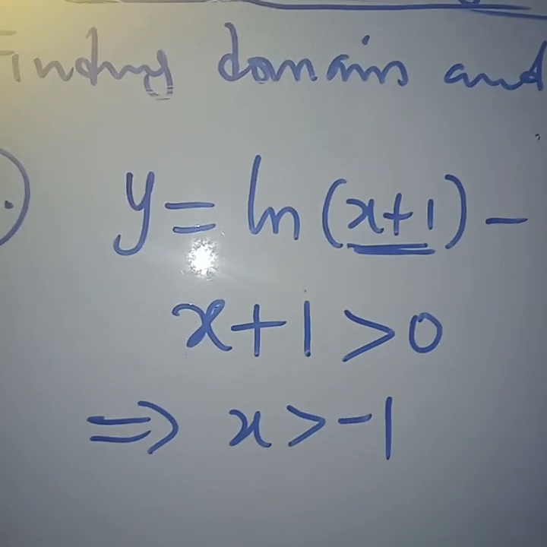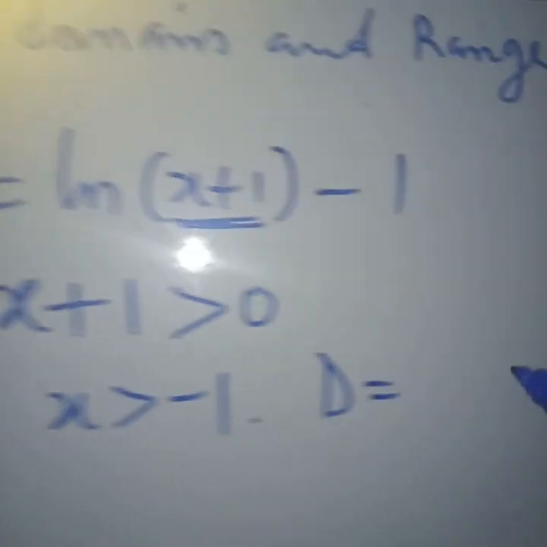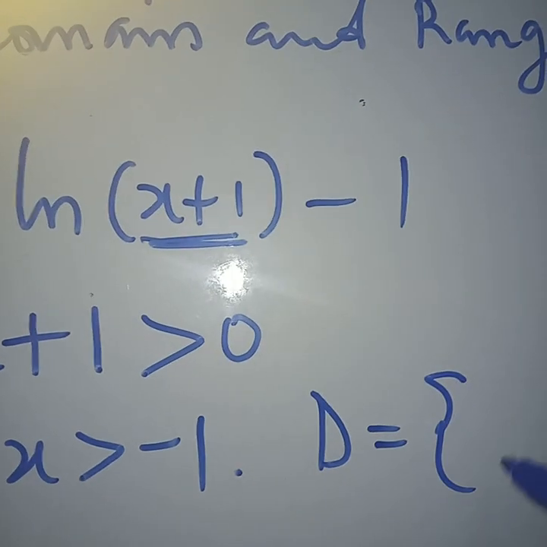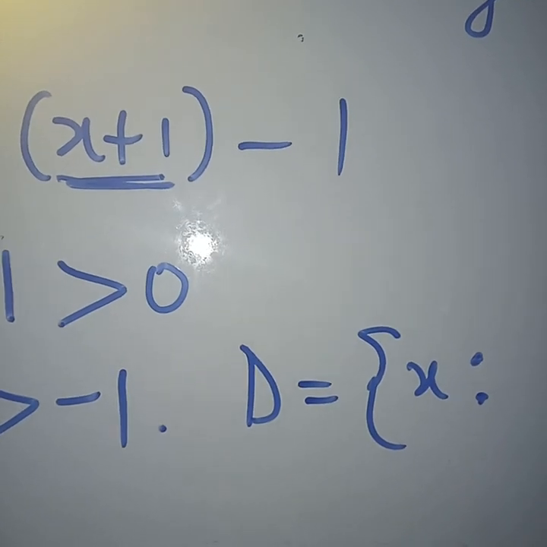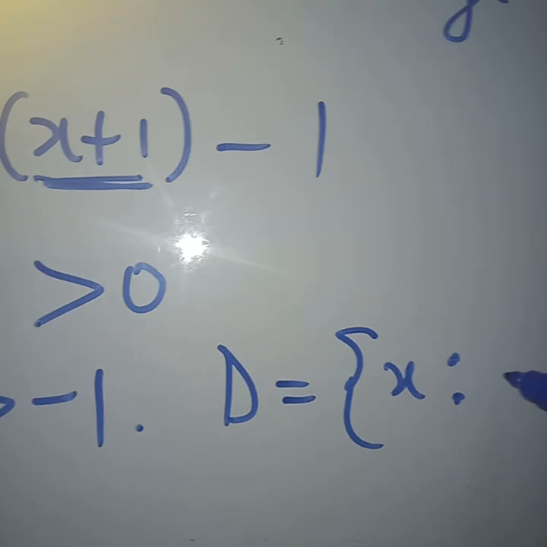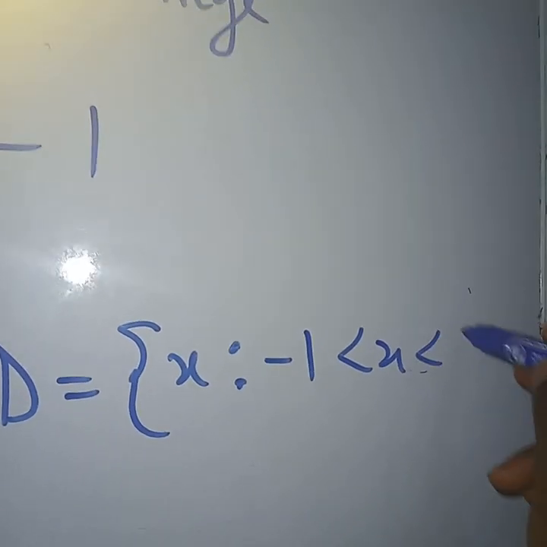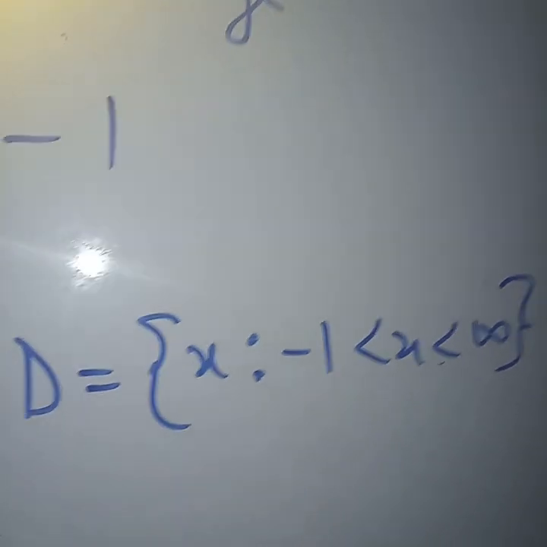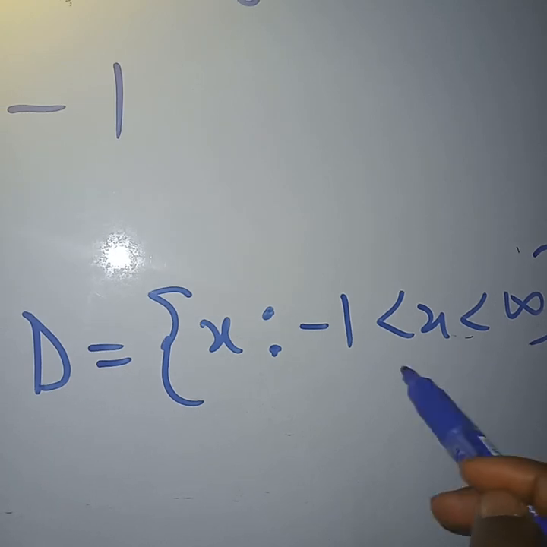So the domain D of this function will be equal to the set of x, where x starts from -1 to infinity. It must be noted that this -1 is not part of the interval.